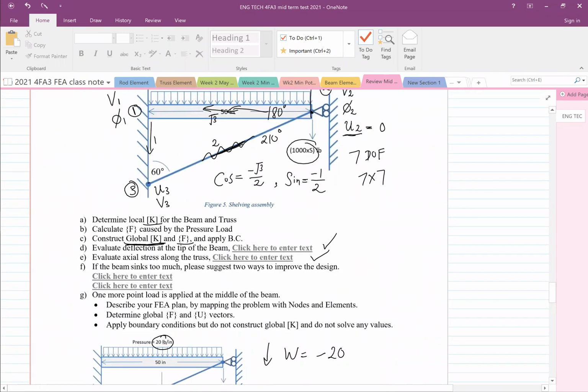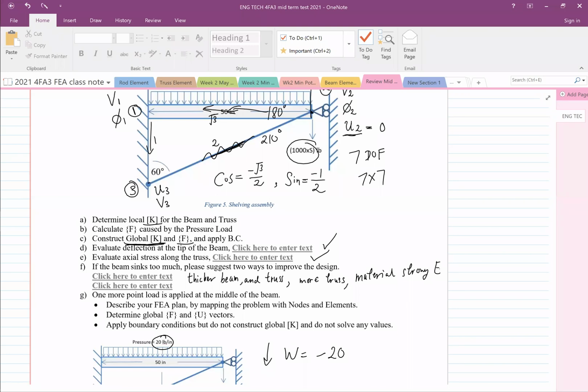We can have a thicker beam and truss, more truss, material with a stronger E. There are many other ways to do it.